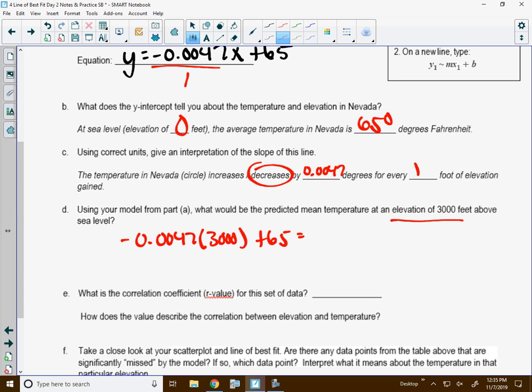Don't remember what the answer is. I get 50.9? Anybody else try it? Oh, you didn't put that here. Oh, yeah.